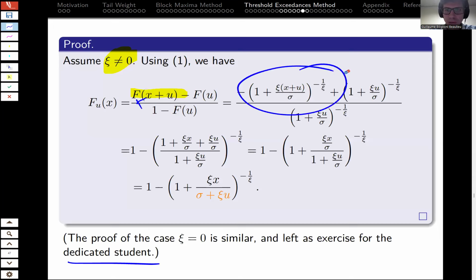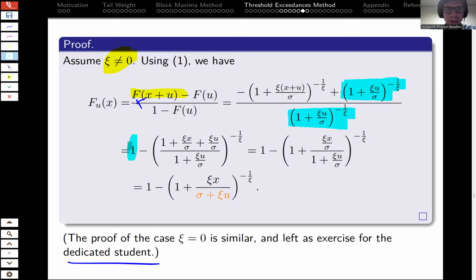We're left with this plus this, divided by this. Again, 1 minus something that has the 1 cancels out. Now we may realize that, lucky for us, this term is exactly equal to this term. So those you can just replace by 1. And then this term you notice has the same exponent as this one. So why not put everything to the exponent of -1 over c? And then what happens? Well, you may realize that same trick.